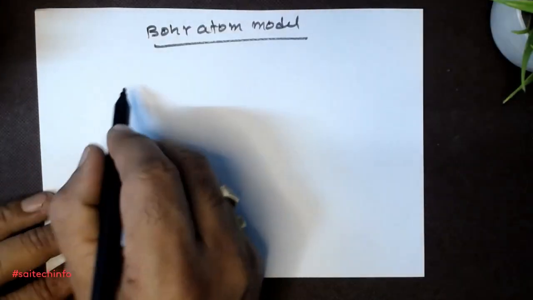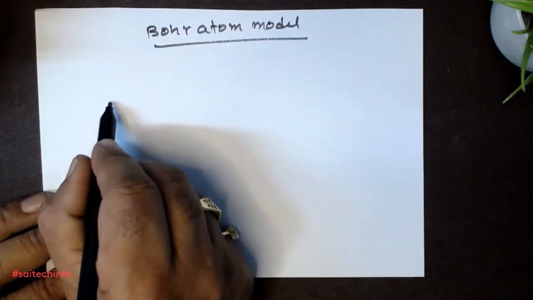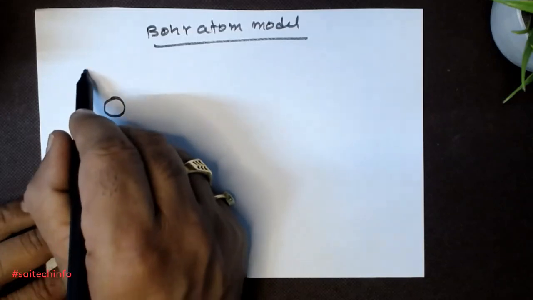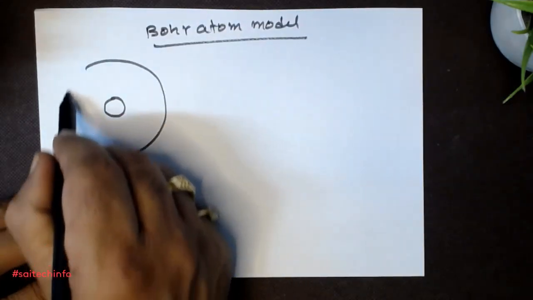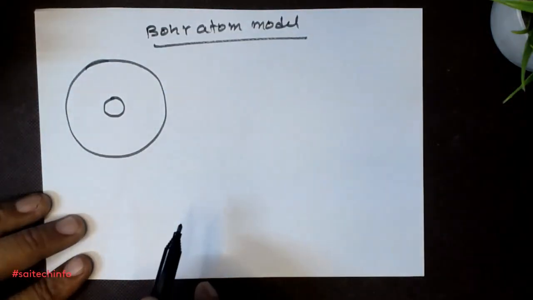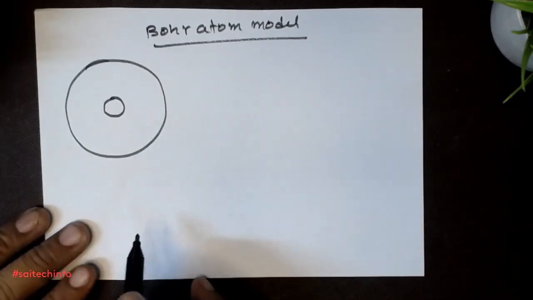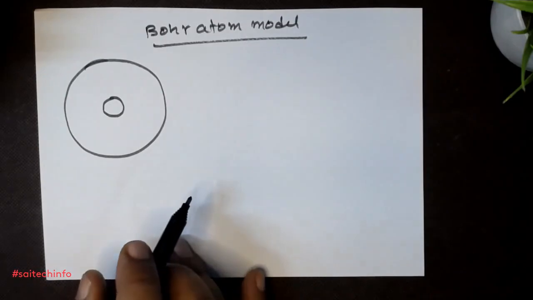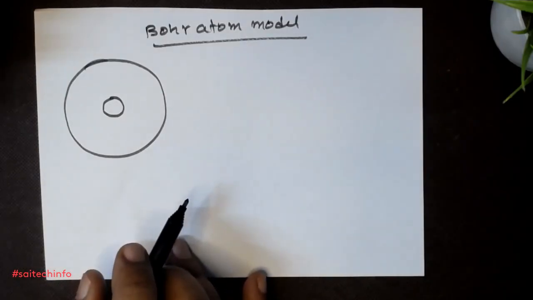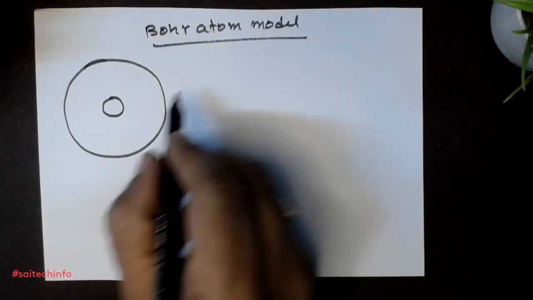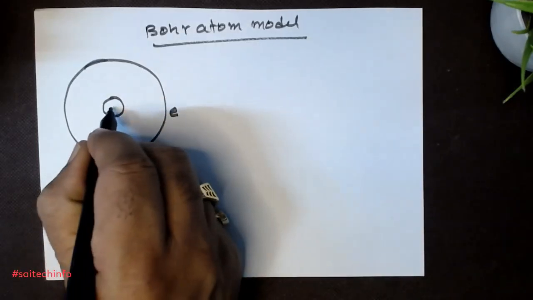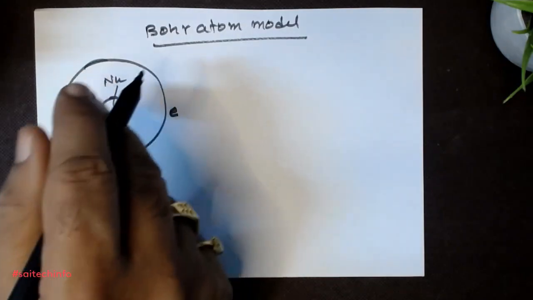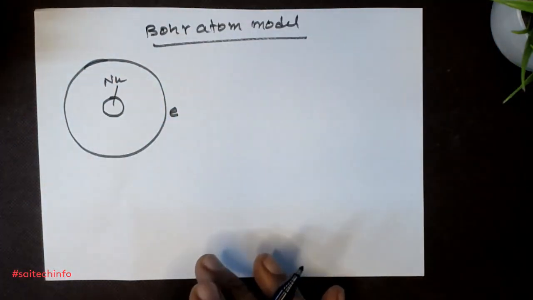He suggested that the nucleus is at the center around which electrons are revolving in an orbit, and he made some assumptions. Take down. So electrons, and this is the nucleus part. Inside the nucleus we have got proton and neutron.